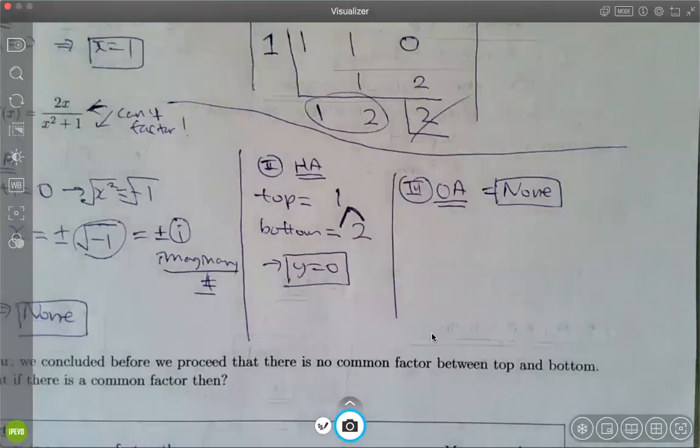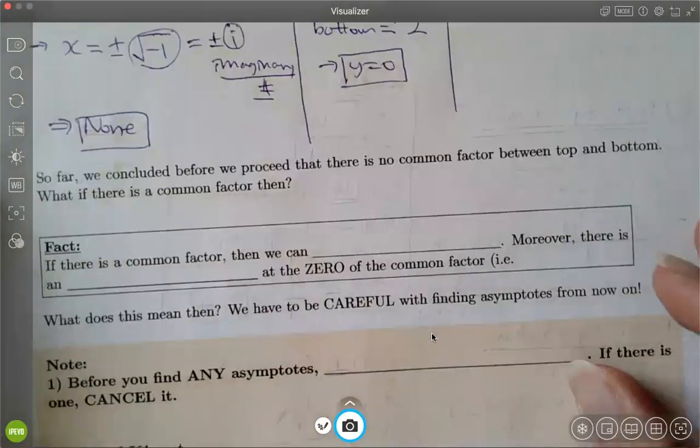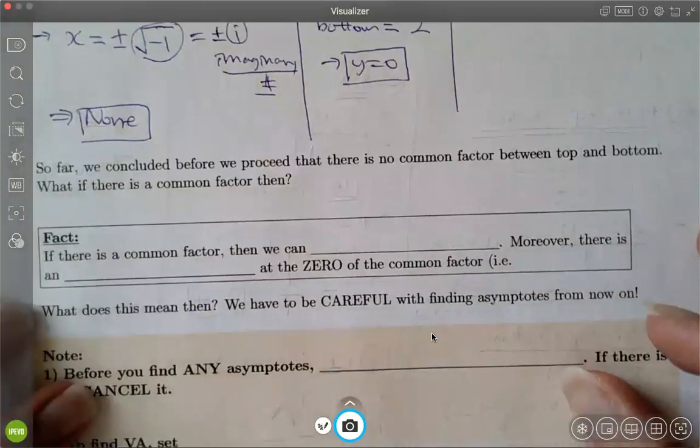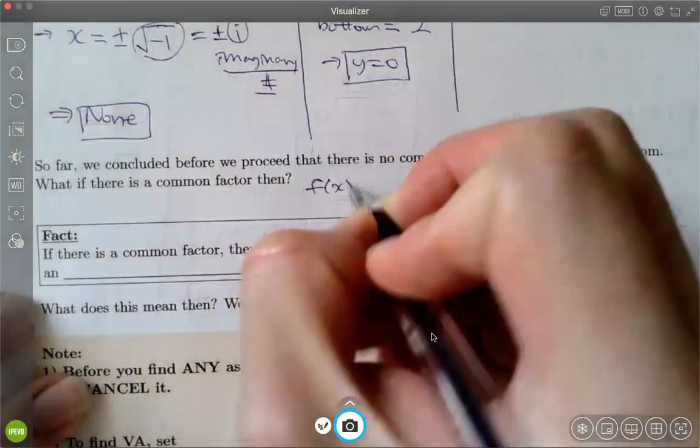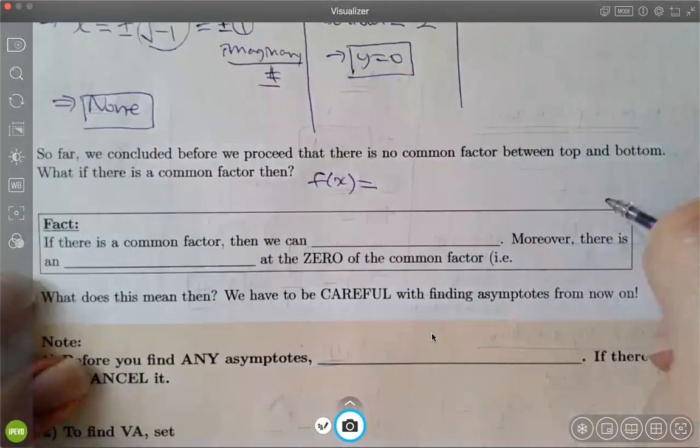Okay, so in these problems, as we saw, the top and bottom had no common factors. But what if there is a common factor? Here's an example. So suppose your f of x looks like maybe something like this.